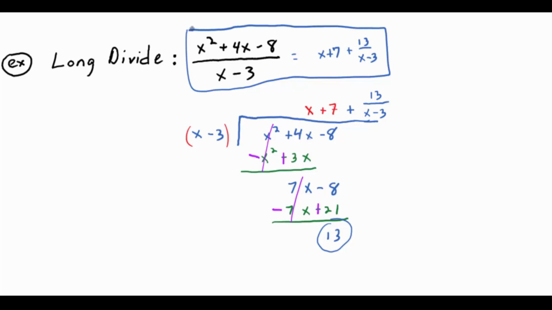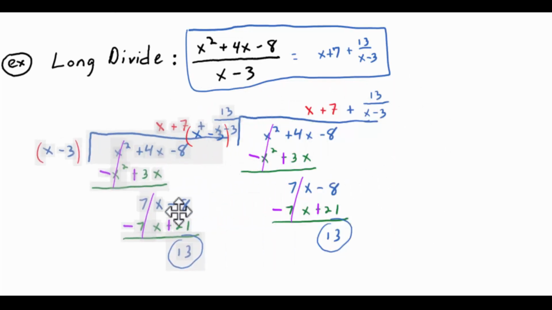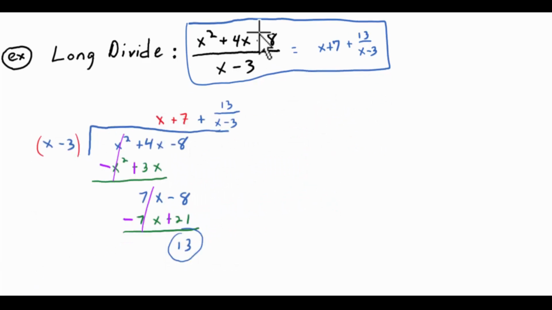Do you remember the check on division? This is important. The way you can check your answer is that this dividend, the thing you divide into, x squared plus 4x minus 8, should equal, anybody remember?